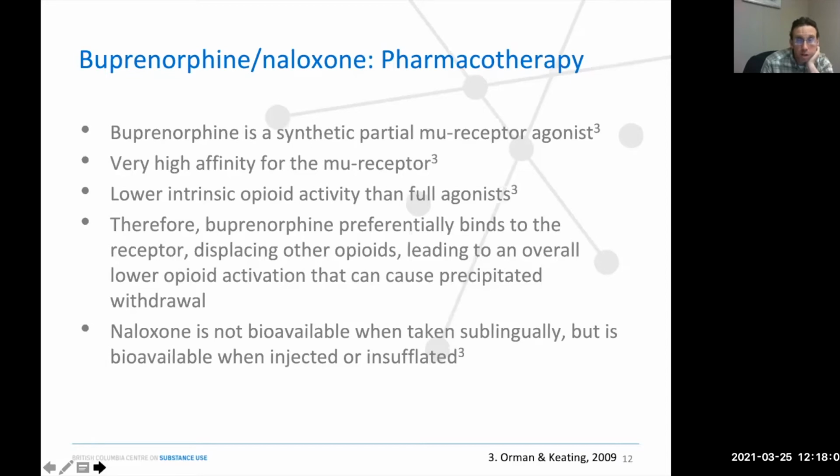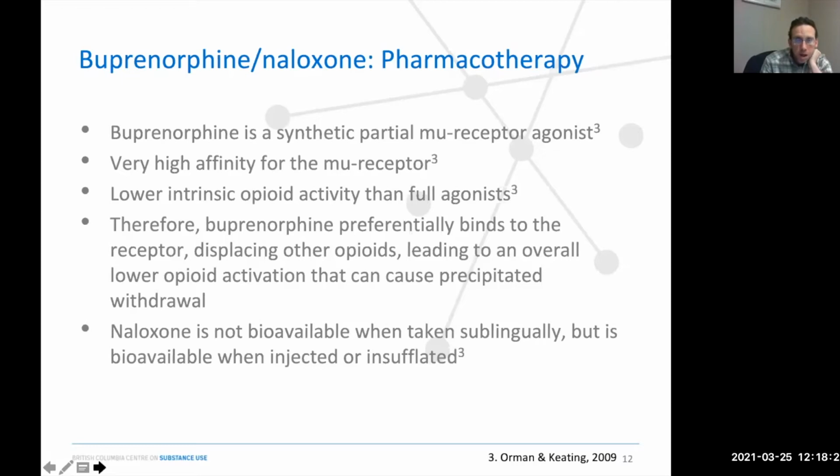So we've already talked quite a bit about this in the first slide, but just to review: partial agonist, very high affinity. Those are the two really key points. It's important to remember that, and that'll help you understand why we've developed this technique called microinduction.